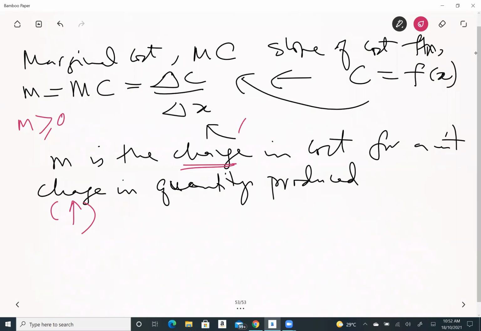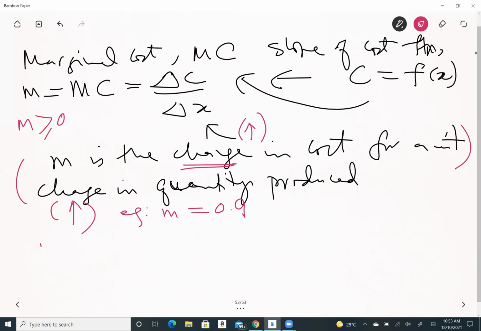Okay, so for a unit increase in quantity produced, the slope M is the increase in the cost. All right, so that is our concept. So the example, when M is equal to 0.9, all right, so that is marginal cost.